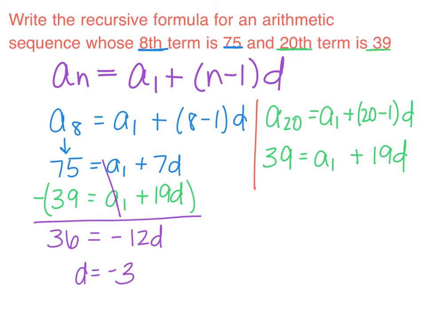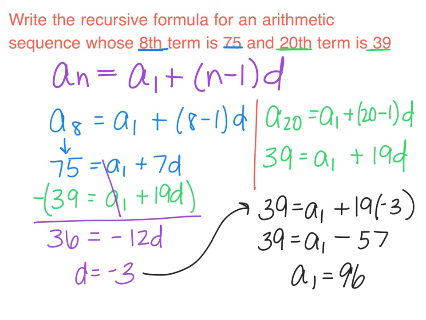So now I have my common difference, and that's going to be negative 3. I'm going to plug that back into either one of these equations, it doesn't matter, to find my first term. When I work that all out, whether I plug it in here or here, I get my first term to be 96, which makes sense because the common difference is negative 3, so that means I'm going to subtract 3 each time.